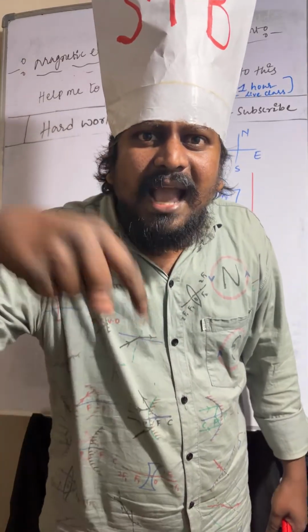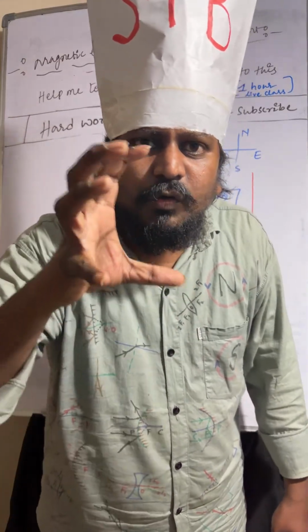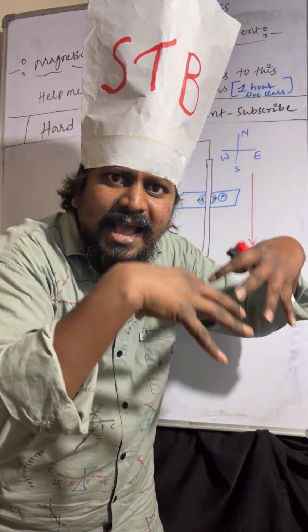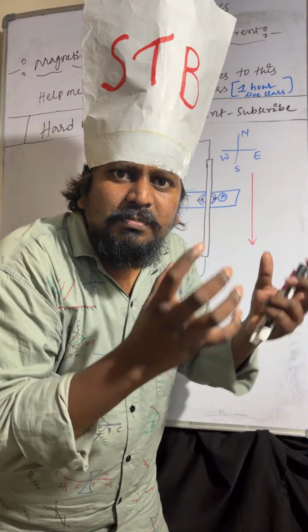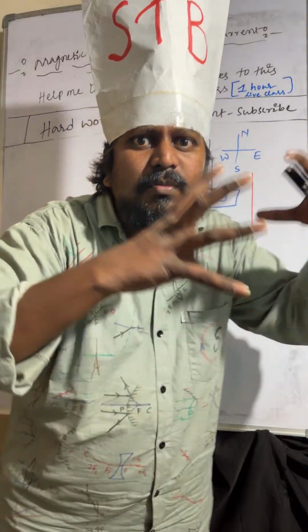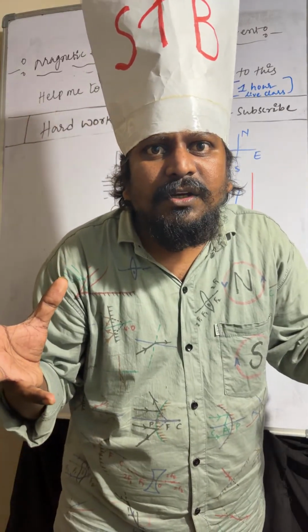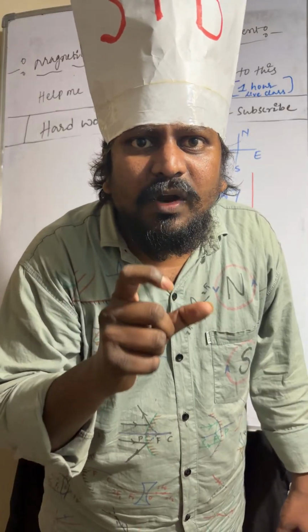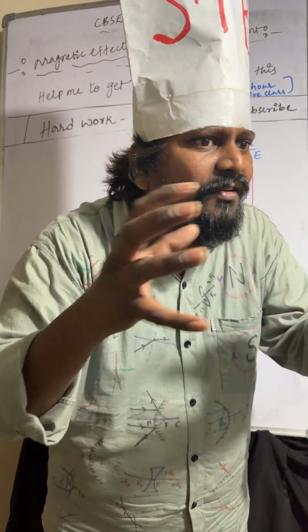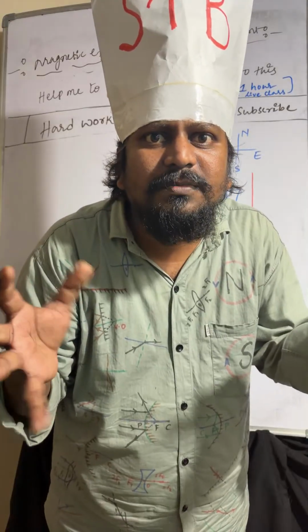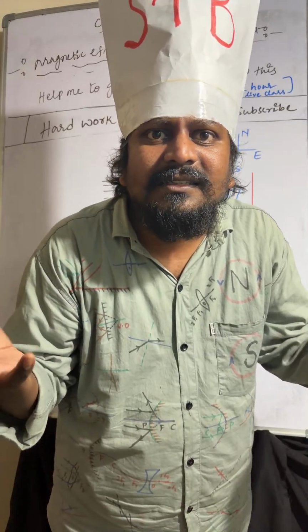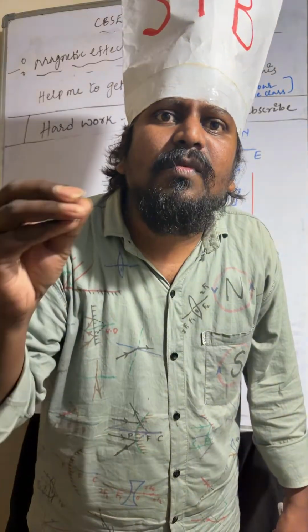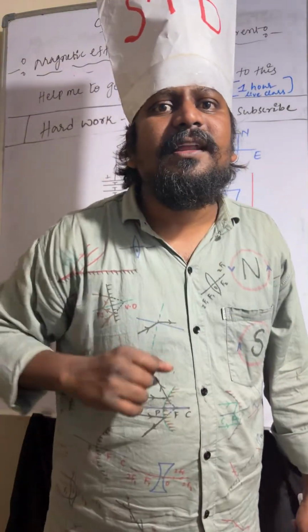If you drop a magnet into the sand, the magnetic materials will attract more at the ends. Did you observe that point? The magnetic field lines are more at the poles, because magnetic field will be more at the poles than in the middle.